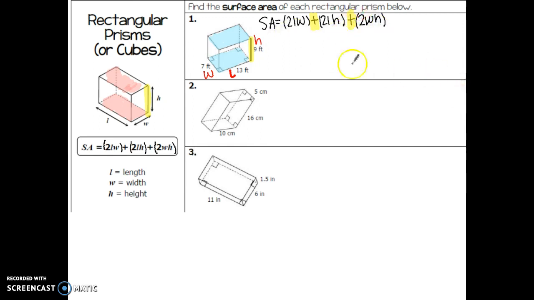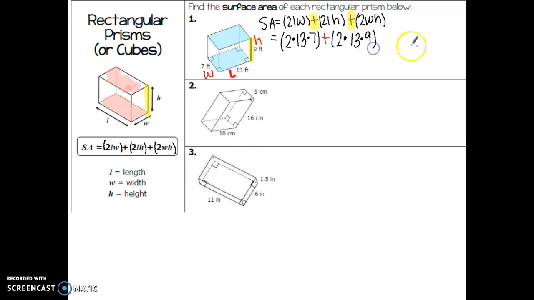So once we have our formula, we can go ahead and replace what we know. So parentheses 2 multiplied by my length, in this case that's 13, multiplied by my width, in this case that is 7, and I'm going to close that parentheses. Then I'm going to say plus and start a new set of parentheses. 2 multiplied by my length, multiplied by my height.